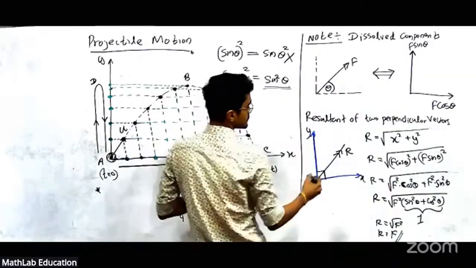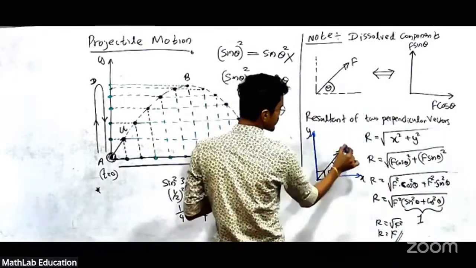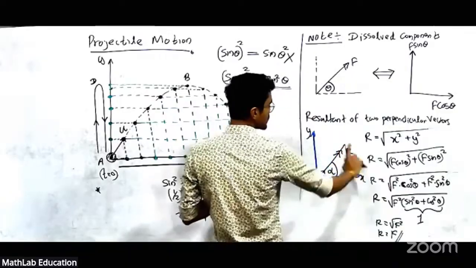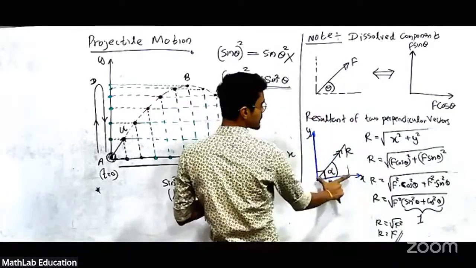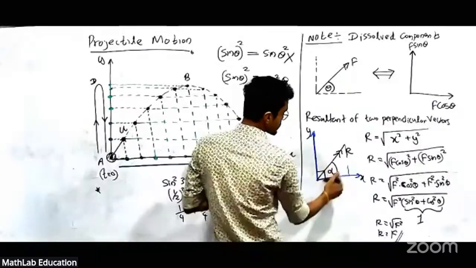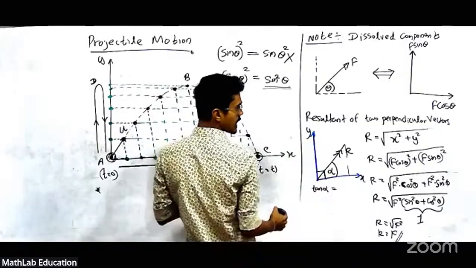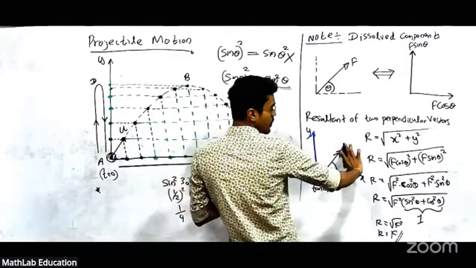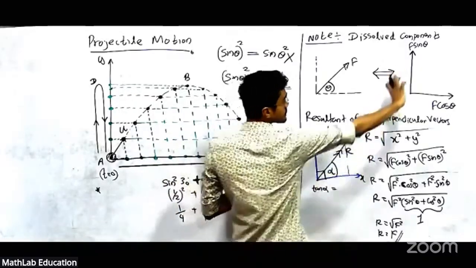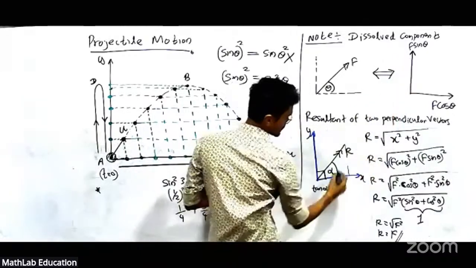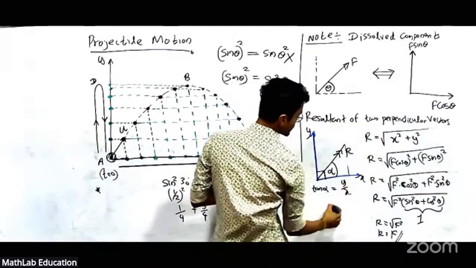Always we can write an angle using tan, because this side is going to be the opposite side, and this side is going to be the adjacent side. So this can be written as tan alpha. Tan alpha is the opposite side over the adjacent side, that is y over x.